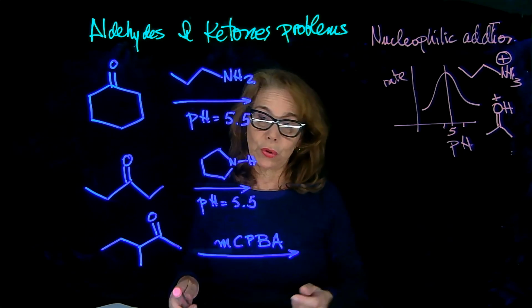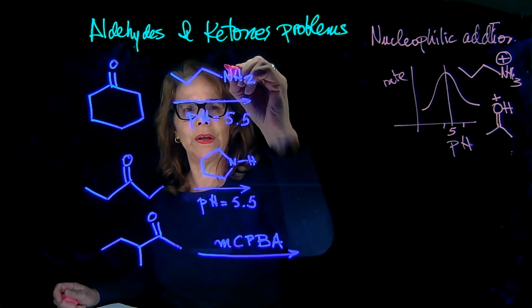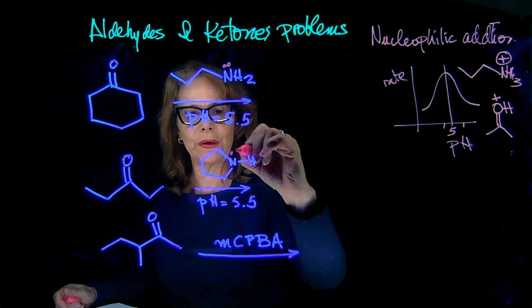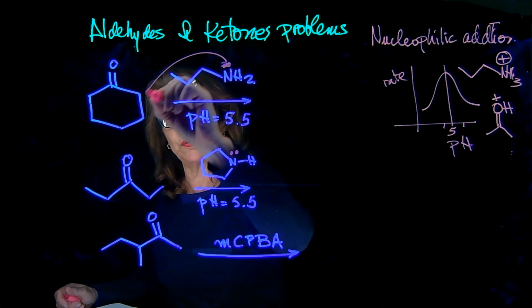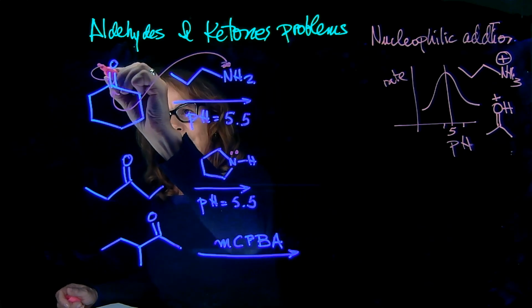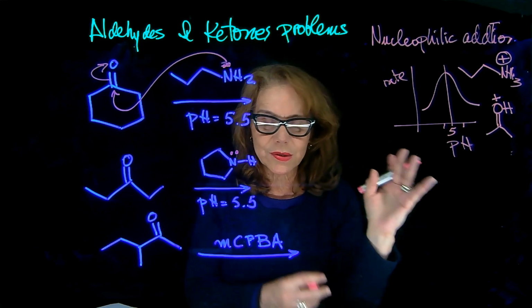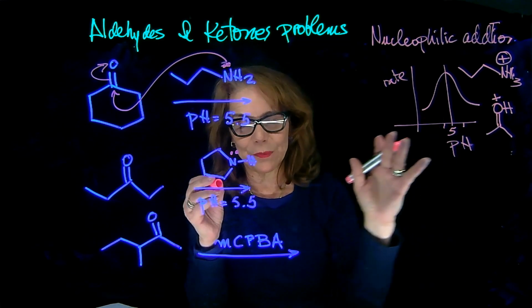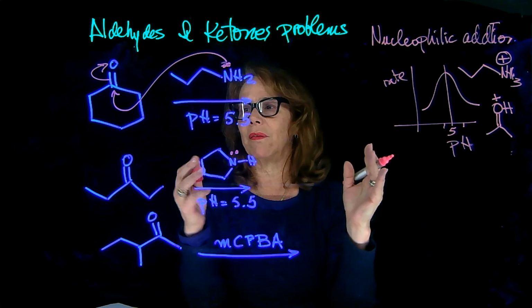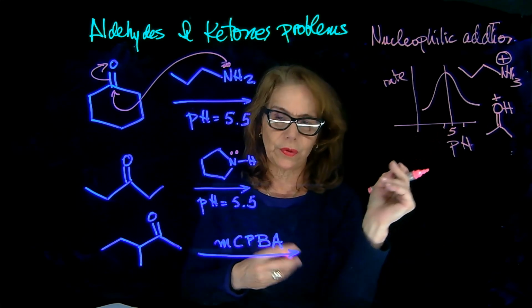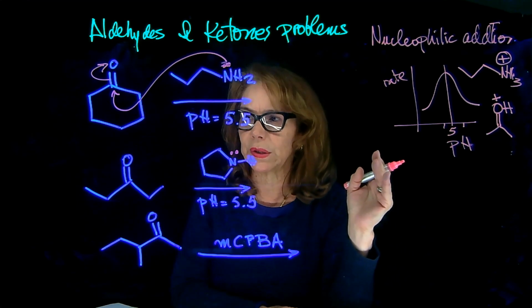So now what we're doing is nucleophilic addition, so nucleophilic attack. You can do that over this or over the protonated species. Since we are at a pH that has that compromise, we can have that attack here or over the protonated species. But we're going to do it like so.